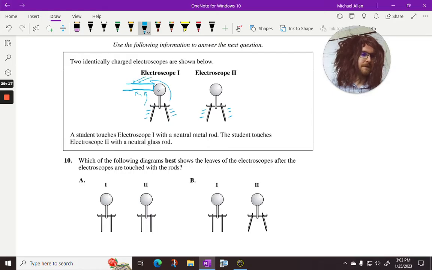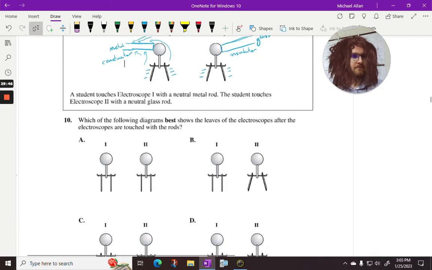So it's going to take away some of those negative charges. But the glass rod is an insulator, so the electrons are not going to go onto it. They're just going to stay where they are. Glass is an insulator; this one over here is a conductor.